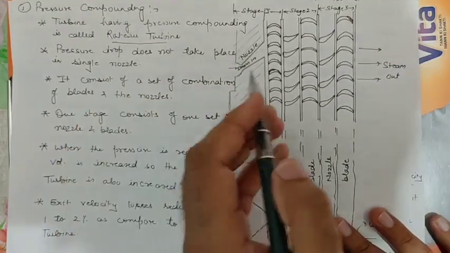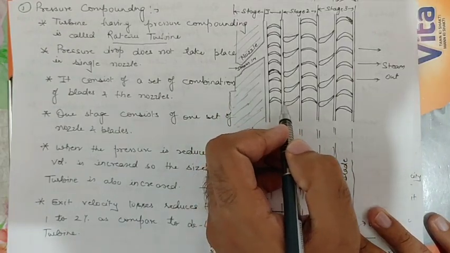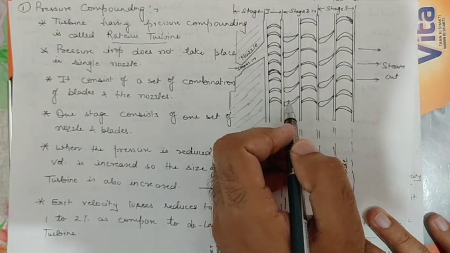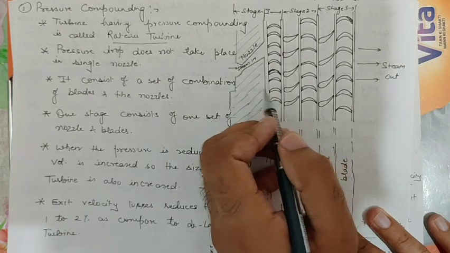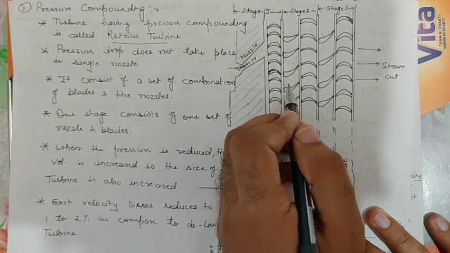So what does it contain? It contains alternate rings of nozzle and turbine blade. Nozzle, turbine blade.